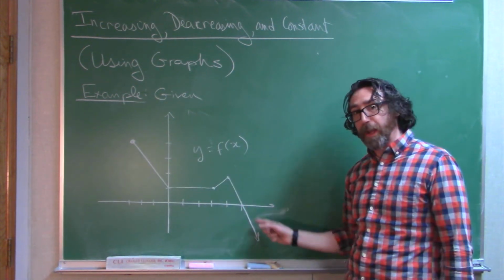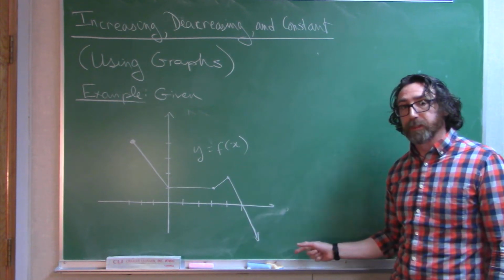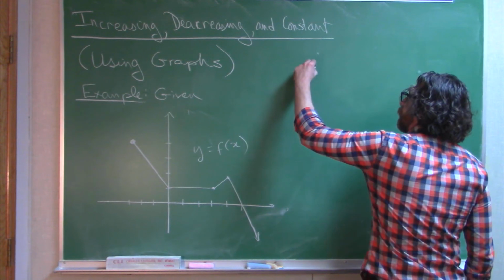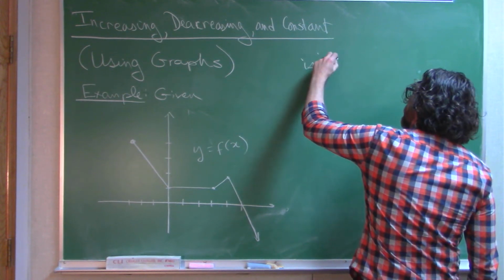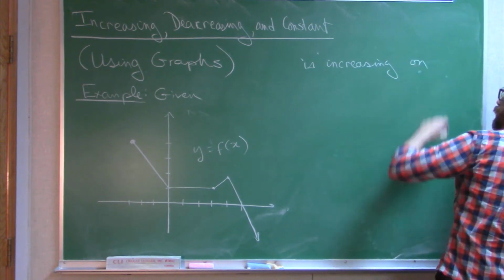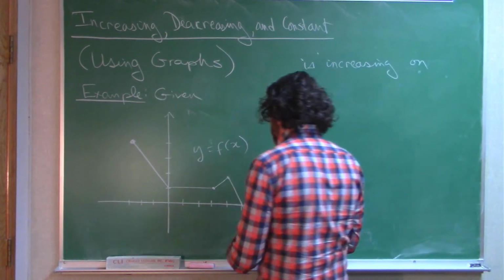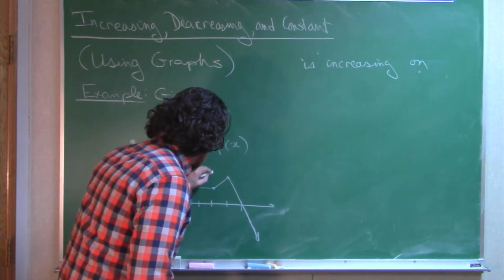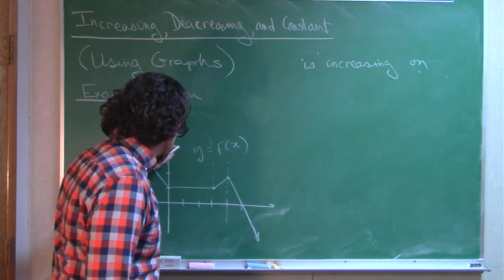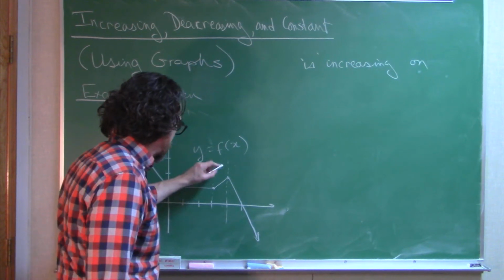Over here, I've got a little arrow that indicates this continues forever. This function is increasing on just a little tiny portion of the graph. I would recommend you draw these lines, kind of cut the graph up.